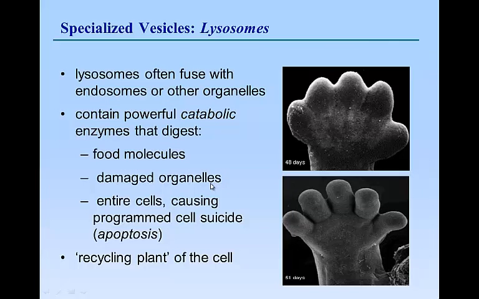Okay. Now here's another example of a specialized vesicle. This is, again, one of my favorite pictures, a picture of a developing human embryo. If I were to look at you at 48 days of development, I would note that you didn't have any specialized areas where your fingers were developing, but you can see there's some areas of what's going to become your hand where cells have to be destroyed in order to make your future hand.